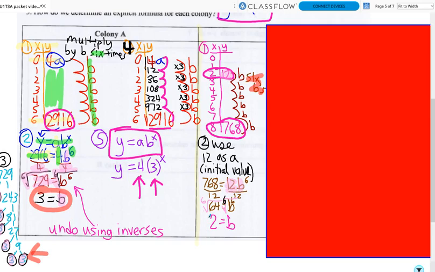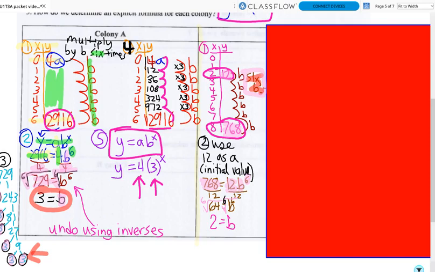No, it's not. Am I using it as a tool to find out what the growth value is? Yes, I am. Use 12 as a, use 768 as your y value, and as we said before, you are multiplying by b 6 times, that's your exponent.